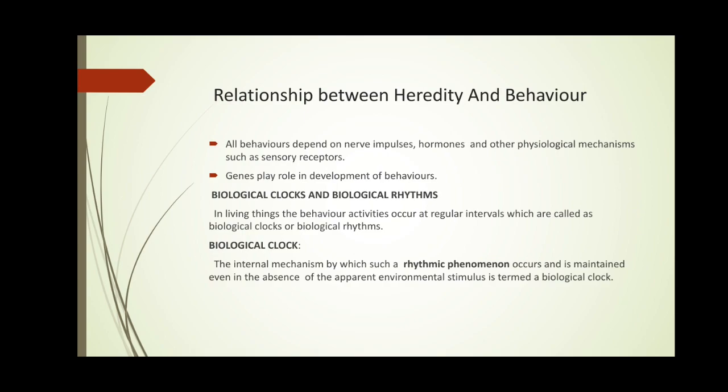In addition, there are certain autonomic responses which depend on specific nerve pathways within the central nervous system of an organism. And these pathways are genetically determined, and these are the neural programs which are controlled by the nervous system.